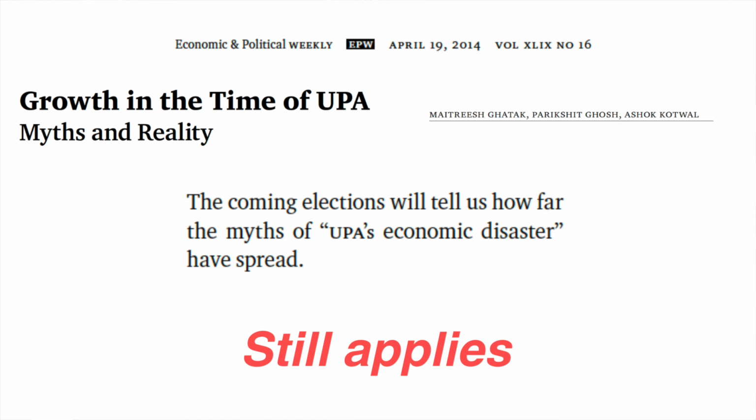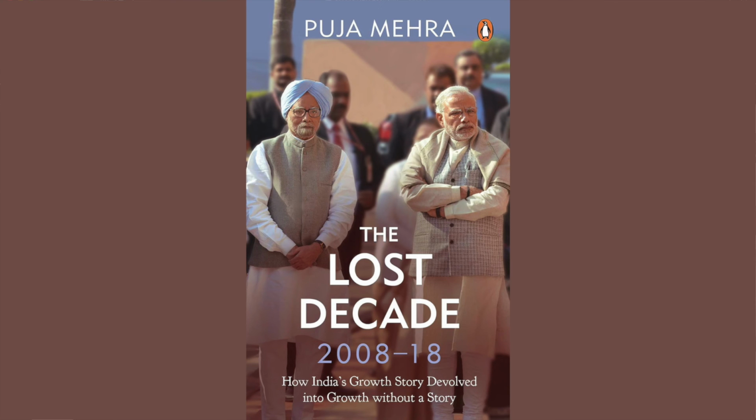Another important recommendation is Pooja Mehra's book on India's economy, The Lost Decade. It is my number one recommendation to understand how Indian government policies created one lost decade, which included most of the Manmohan Singh government and a few years of the Modi government also.